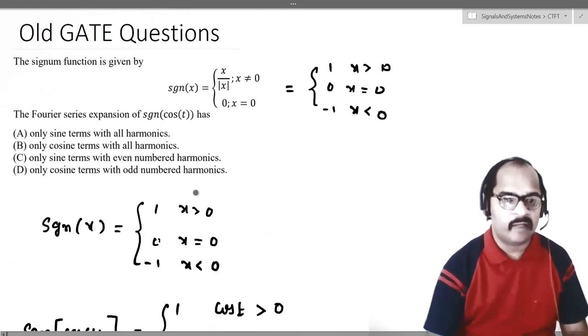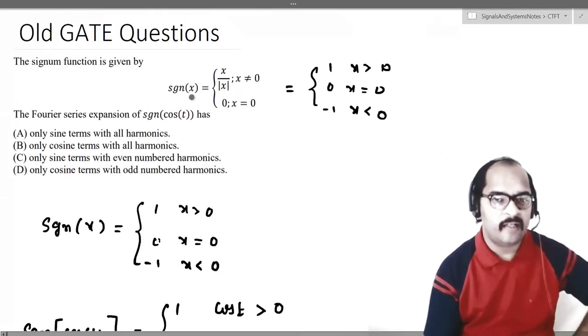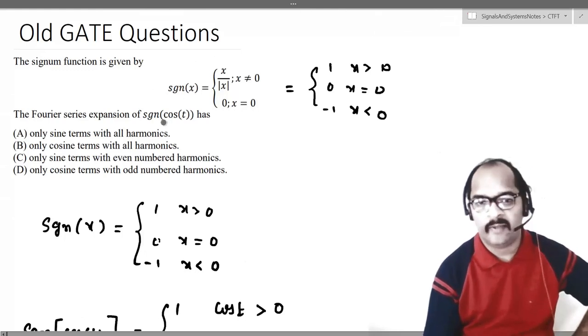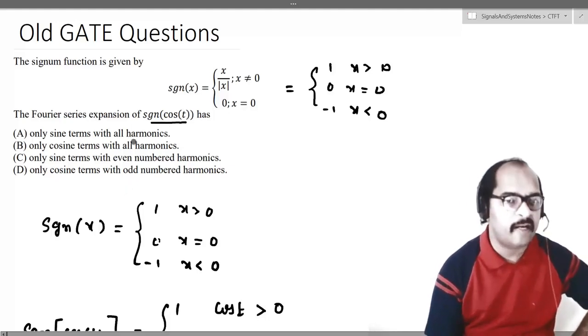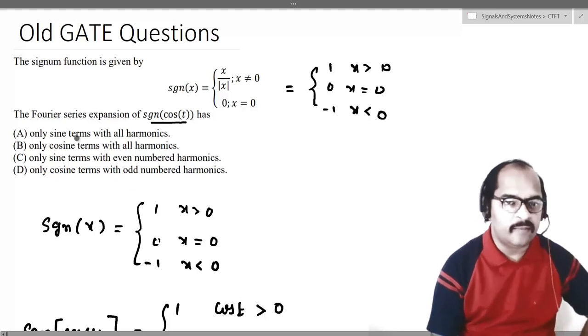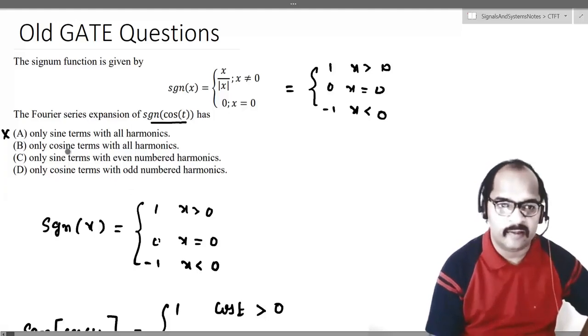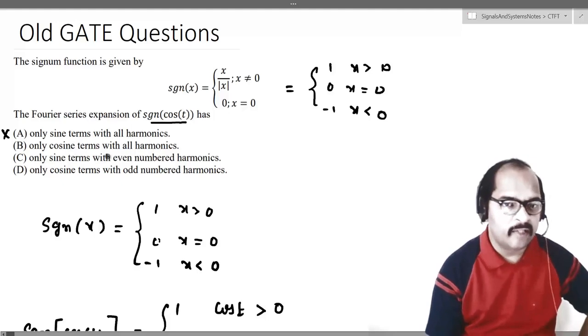Now let us look at the question. We just derived that signum of cos t is a periodic rectangular wave which is even and odd half wave symmetric. Now let us choose the right choice. Only sine terms with all harmonics: this is wrong. Only cosine terms with all harmonics: this is also wrong.